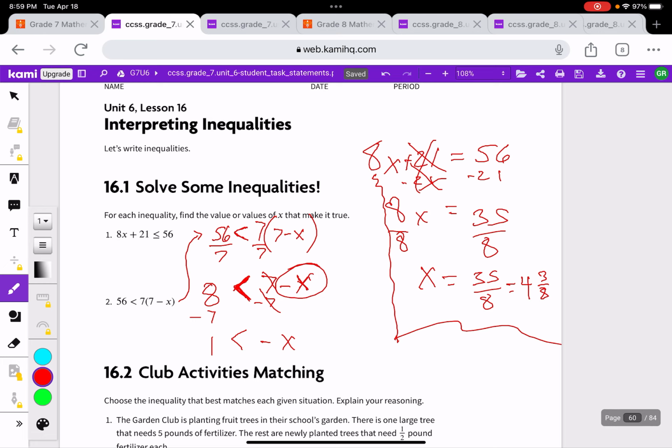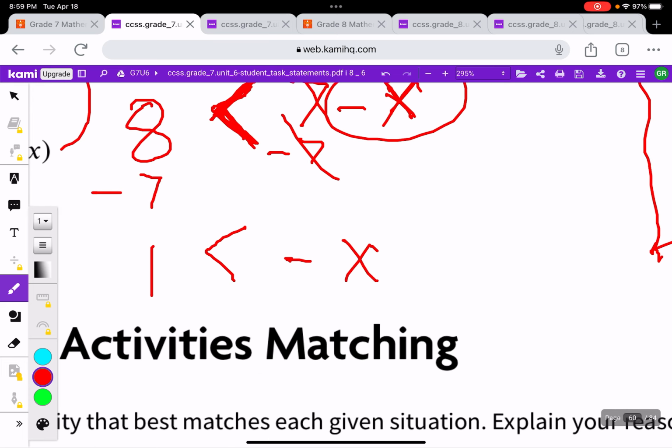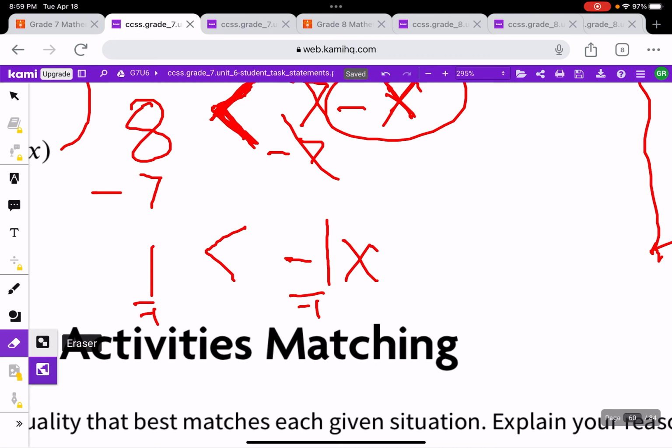So if a negative x is greater than 1, this is the tricky part. You can't quite tell, but a negative x is kind of like saying I have a negative 1x. And in order to solve that, I'd kind of have to divide each side by a negative 1. And since I'm dividing each side by a negative, I need to switch the symbol around.